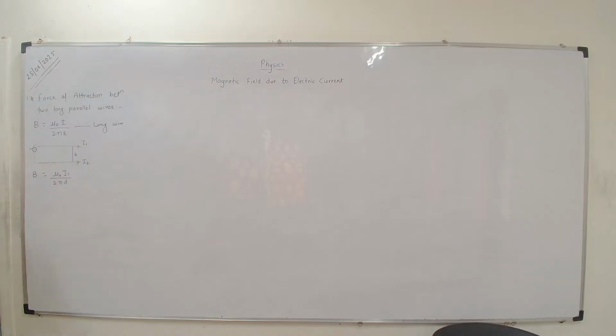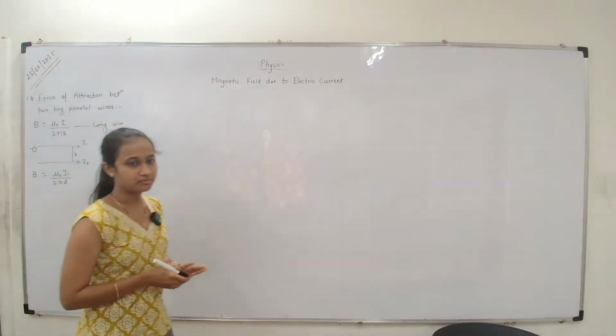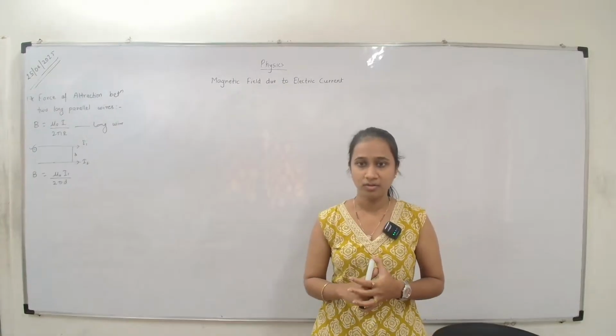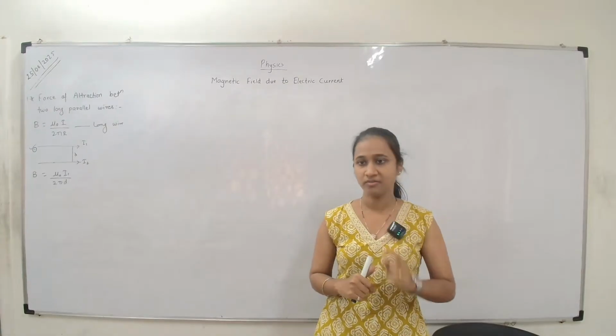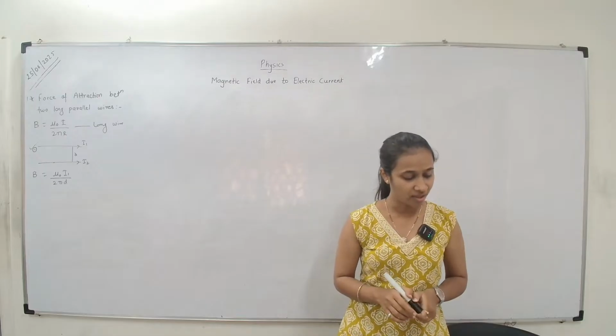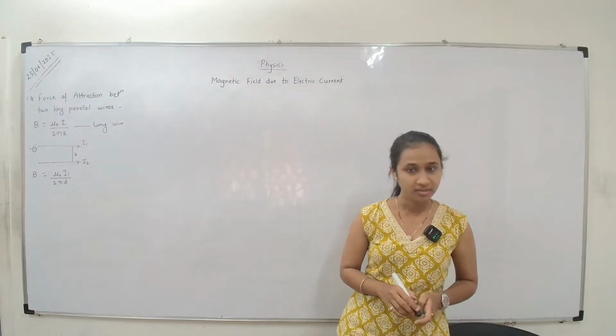So this magnetic field is the value at a point on the second wire due to the current flowing in the first wire. Understood? That is mu naught I1 upon 2 pi d.